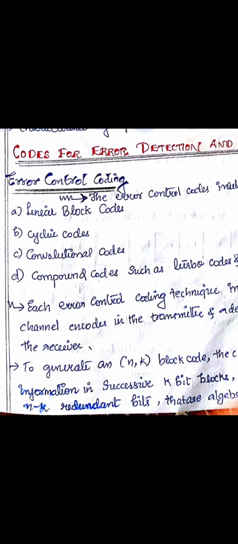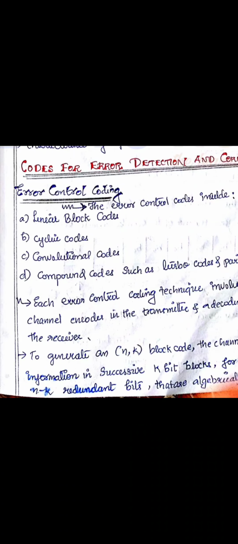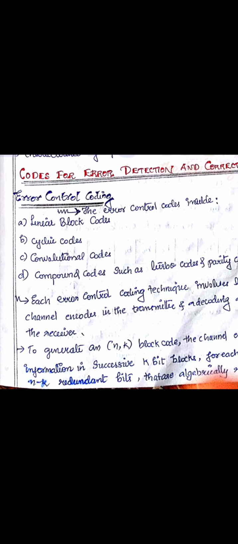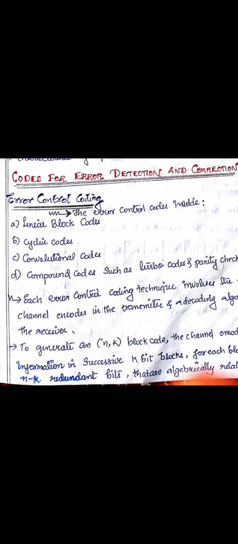In this class, we are learning what a linear block code is, and what the error detection and correction methods of linear block code are. Each error control coding technique involves the use of a channel encoder in the transmitter and a decoding algorithm in the receiver.